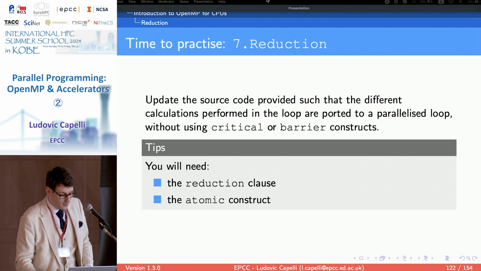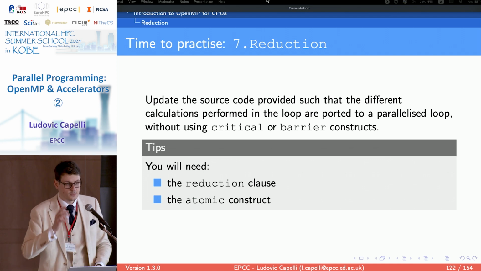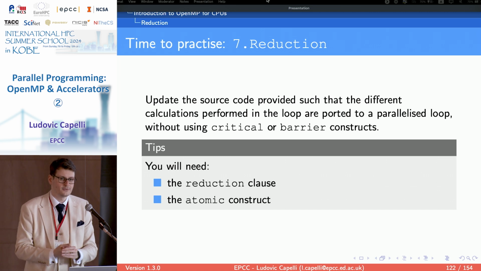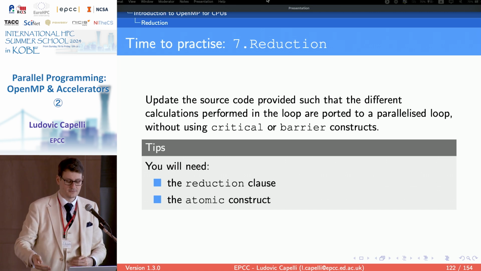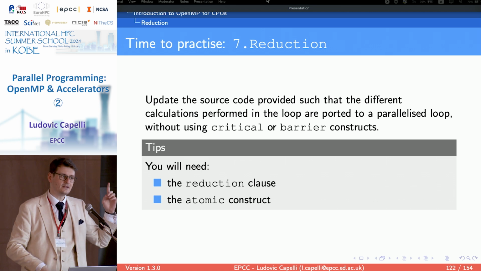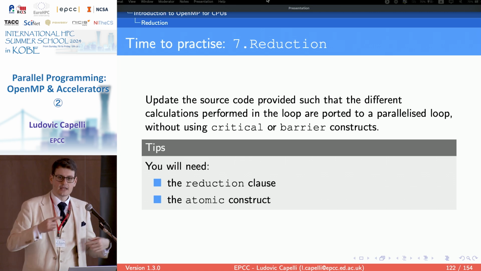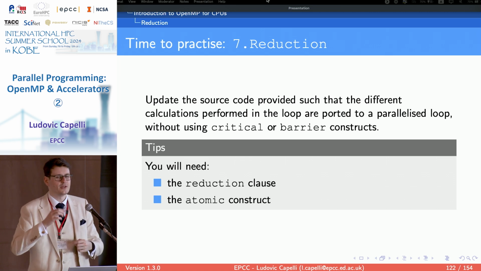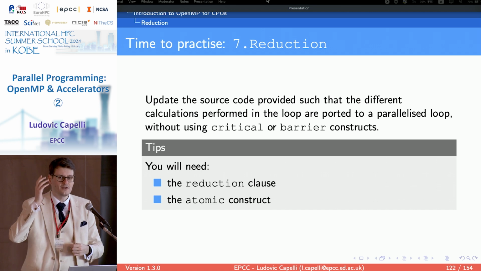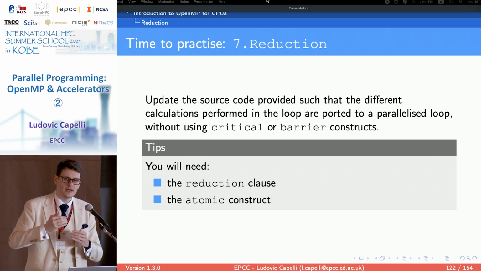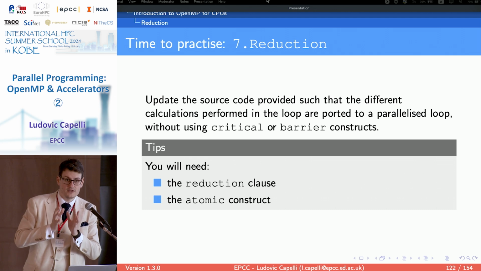Well, let's go with the reduction, and then we'll have the final schedule clause, which will be about optimizing your programs. So far, it's still about correctness. It's how to do something in parallel. There's still the notion of performance here, but it's still how to do things in parallel while preserving correctness.